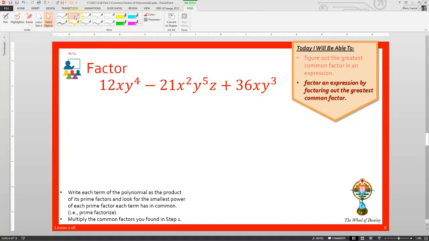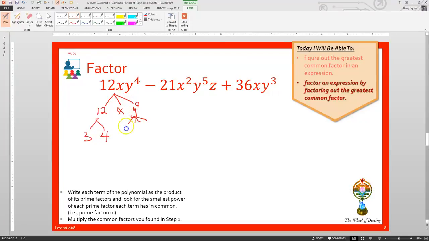And sometimes we may not need to go all the way to prime numbers, because once we start seeing some things in common, we'll be okay. Like for instance, we might be able to take this 12 just to 3 and 4. We know that 4 can be factored further. And I'm going to call this y to the 4th.